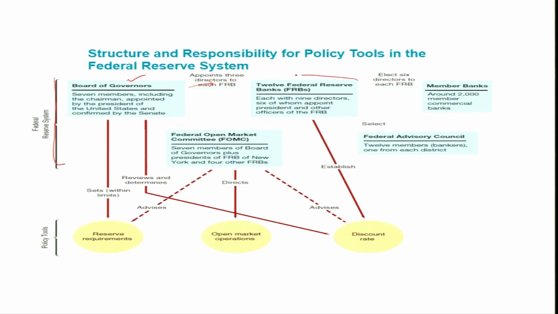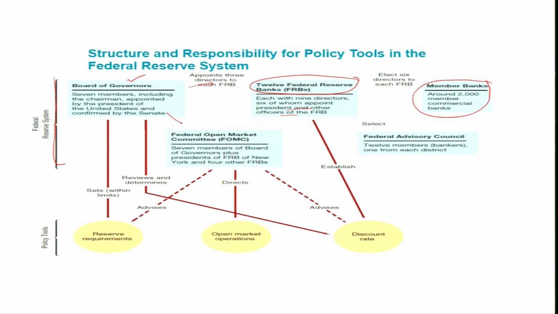There are 12 Federal Reserve Banks, each with 9 directors, 6 of whom appoint the president and other officers of the FRB, and they elect 6 directors to each Federal Reserve Bank. There are more than 2000 member commercial banks. So, this is the structure.